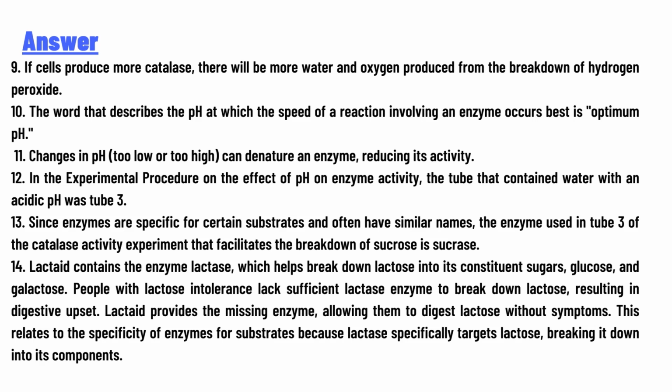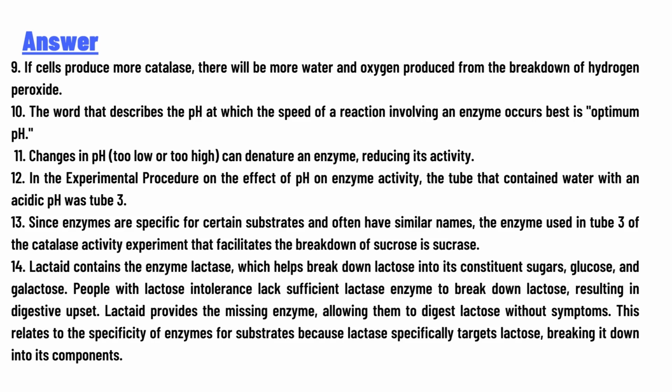hydrogen peroxide. The word that describes the pH at which the speed of a reaction involving an enzyme occurs best is optimum pH. 11. Changes in pH too low or too high can denature an enzyme, reducing its activity. 12.